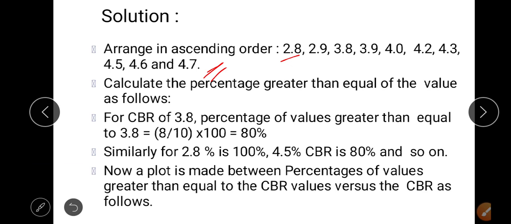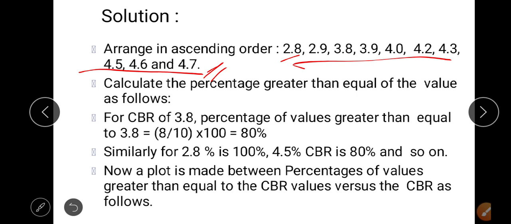Calculate the percentage greater than or equal to the value as follows. For CBR of 3.8, the percentage of values greater than or equal to 3.8 is 8 divided by 10, because there are 8 values, multiplied by 100, that is 80%. Similarly, for 2.8 it is 100%, for 4.5 CBR it is 80%, and so on.